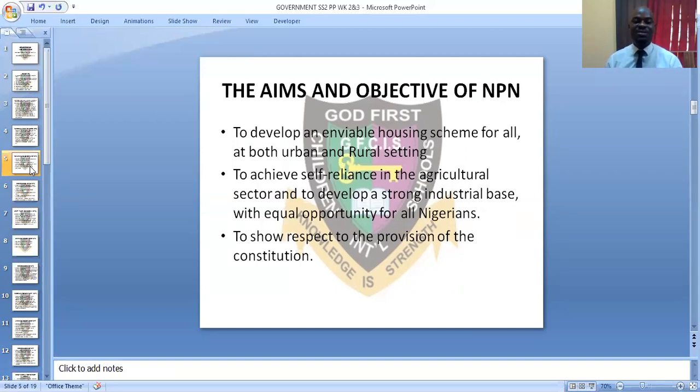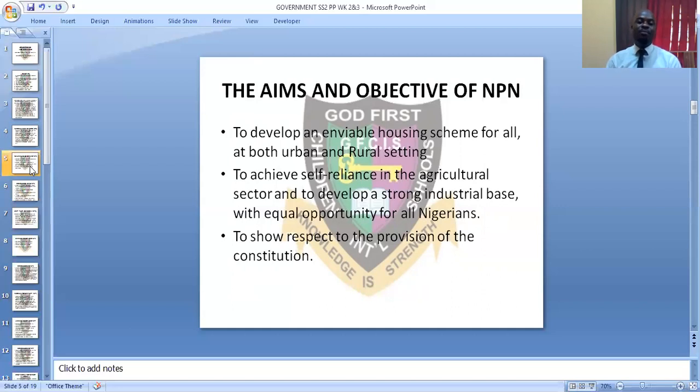They also aimed to achieve self-reliance in the agricultural sector and to develop a strong industrial base with equal opportunities for all. That is, to make those in the agricultural sector more self-reliant, and to develop a very strong industrial base to be able to do good business with equal opportunity for all Nigerians.